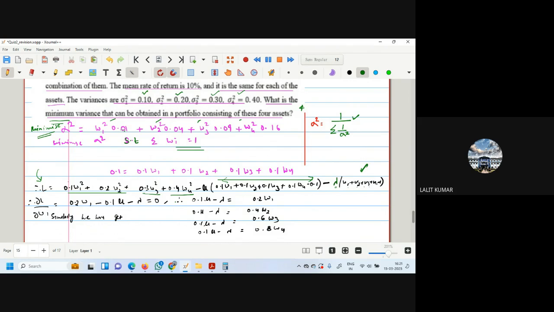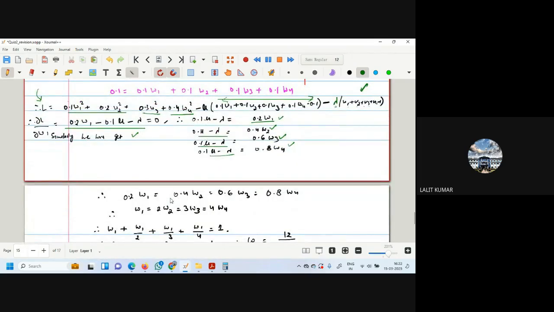Now you take its derivative with respect to W1, W2, W3, W4. When you do it for W1, 0.1 nu minus lambda is equal to 0.2 W1. For W2, you get 0.4 W2. Then you get 0.6 W3, then 0.8 W4. So it means all these values are the same: 0.2 W1 is equal to 0.4 W2 is equal to 0.6 W3 is equal to 0.8 W4.